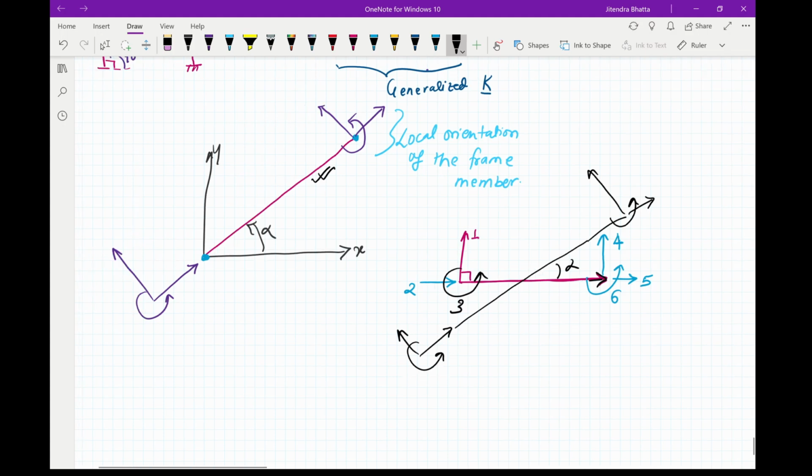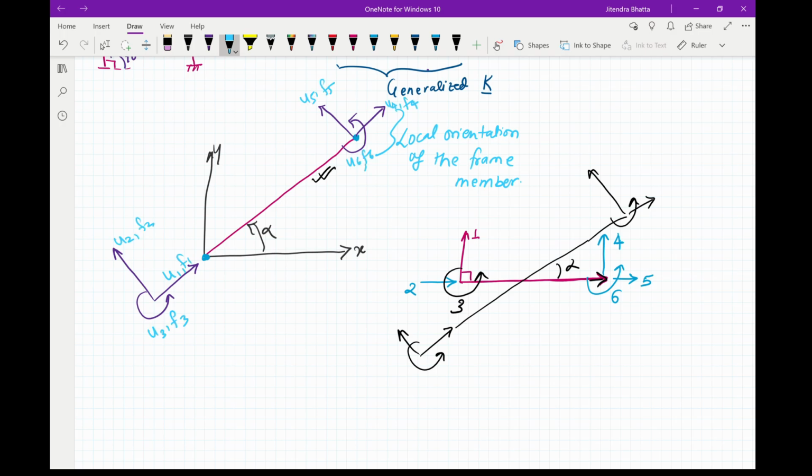Therefore, we're writing these axes, these degrees of freedom, as per the local orientation of the frame element. Now what we have here will be our local degrees of freedom. So let's label them as u1, f1, and u6, f6.